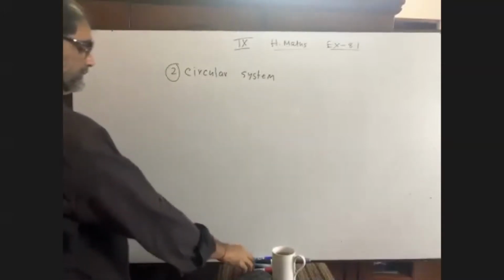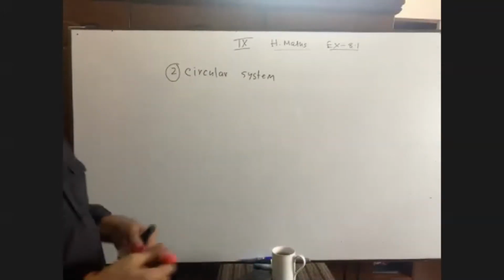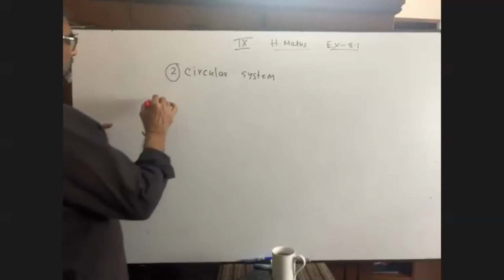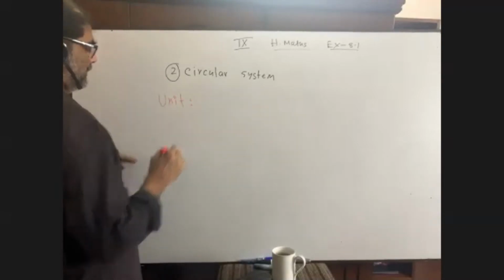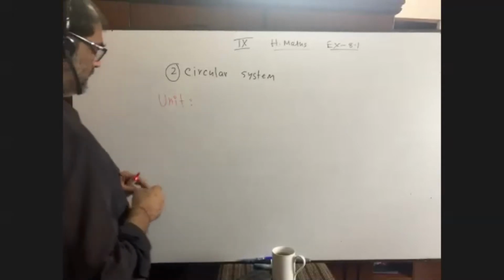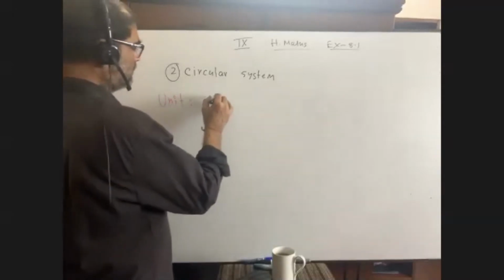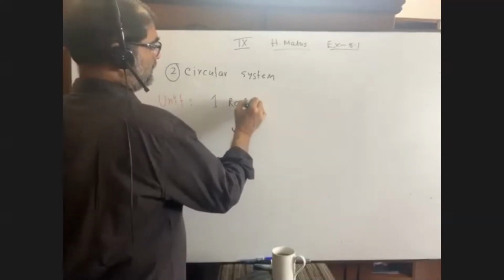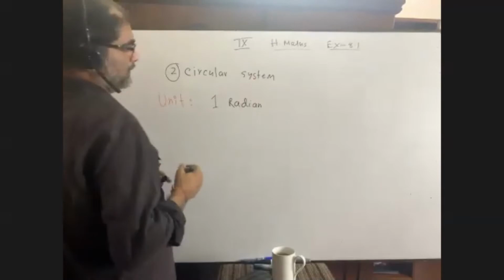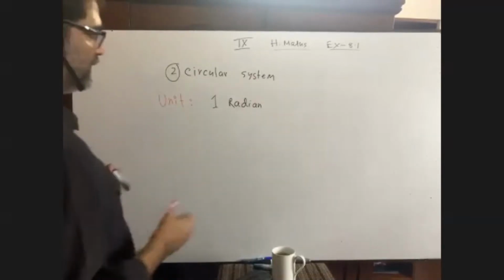Here, what is the unit? Please tell me. 1 radian, sir. You're absolutely right. Here, the unit is 1 radian. You write down radian.